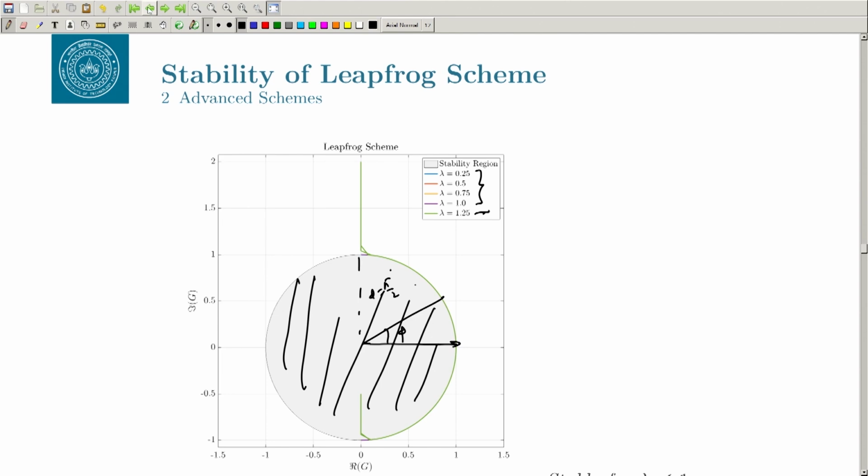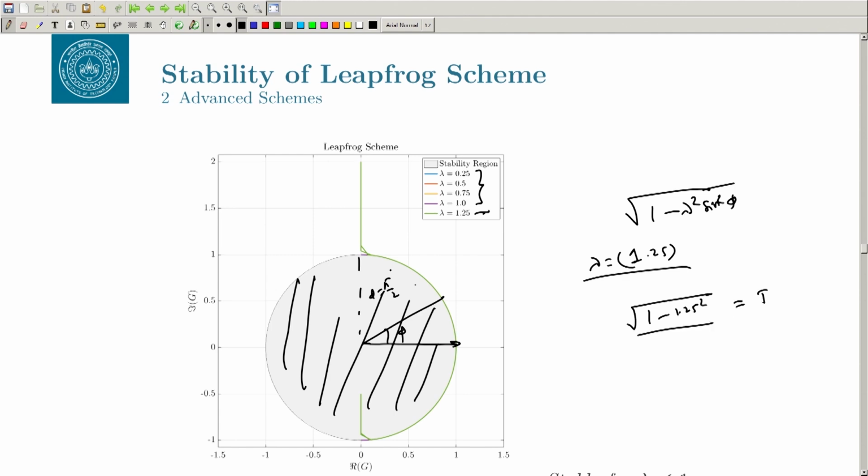So, let us work that out: square root of 1 minus lambda square sin square phi, and lambda is equal to 1.25. So, your first term will become 1 minus 1.25 square, and this is an imaginary number.